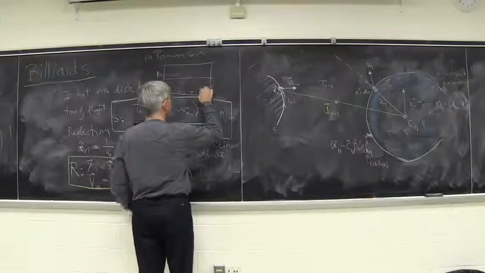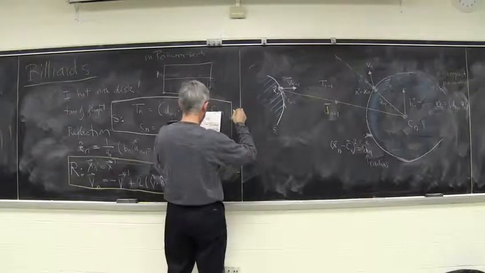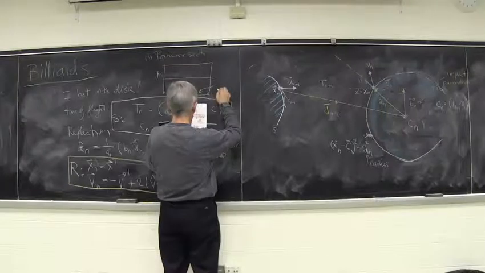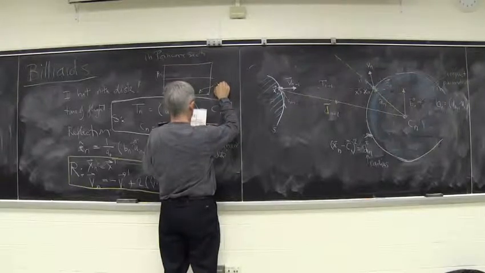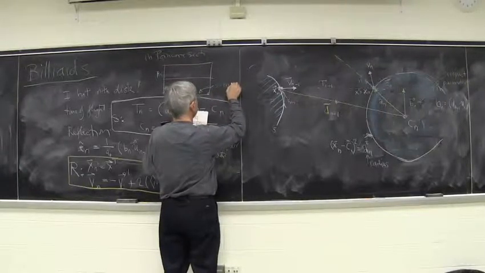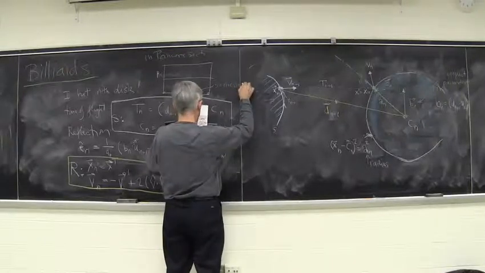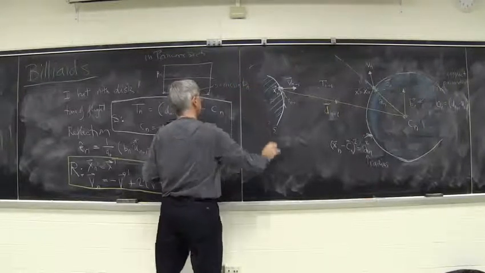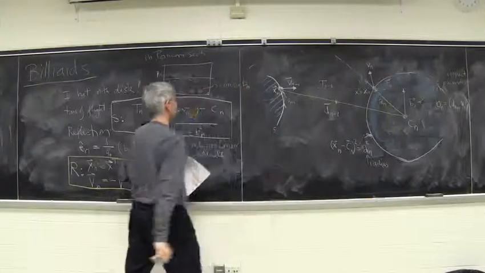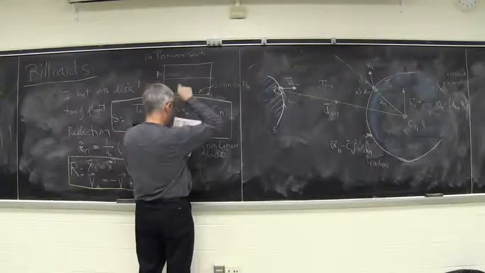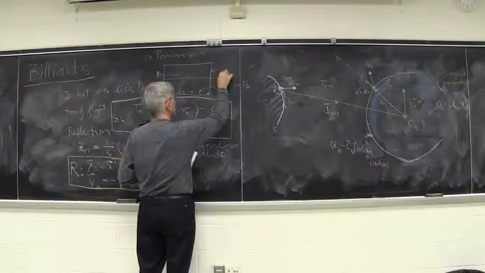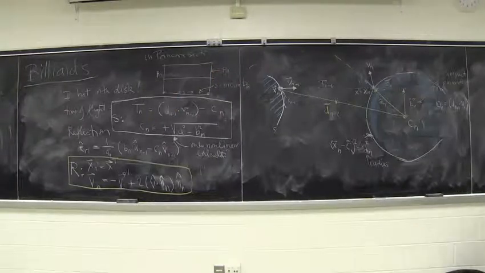To compute S, you have to take arc sine. That's worse than a square root. And this one, because you know the p parallel. So you can code this and you'll immediately get a million bounces on your iPhone or whatever your supercomputer is.